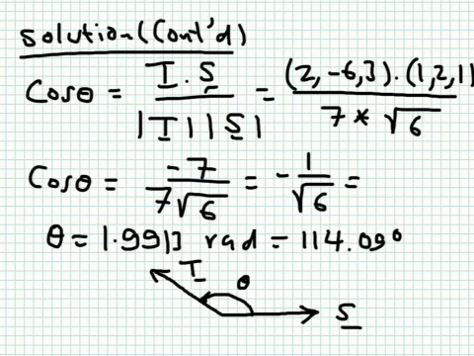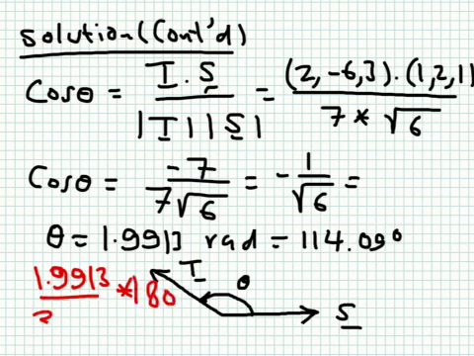If you do an inverse cosine of minus 1 over the square root of 6, you get 1.9913 radians. In order to convert from radians to degrees, you multiply this number, 1.9913, by 180 degrees, and then you divide by pi, which is 3.14.